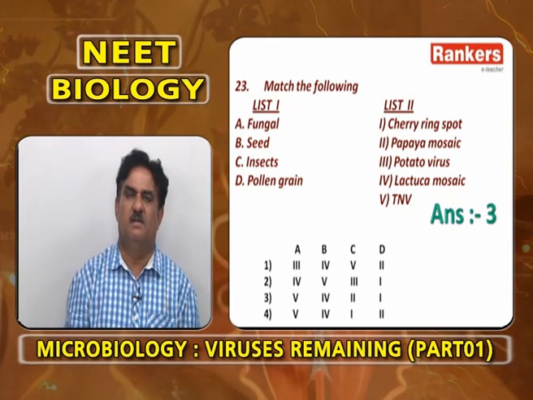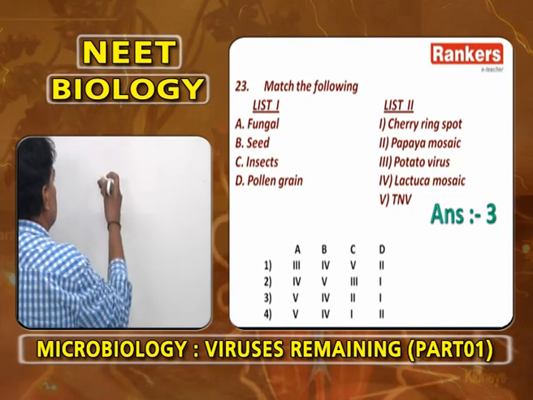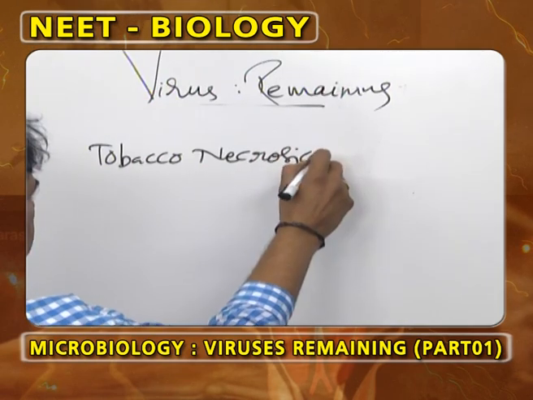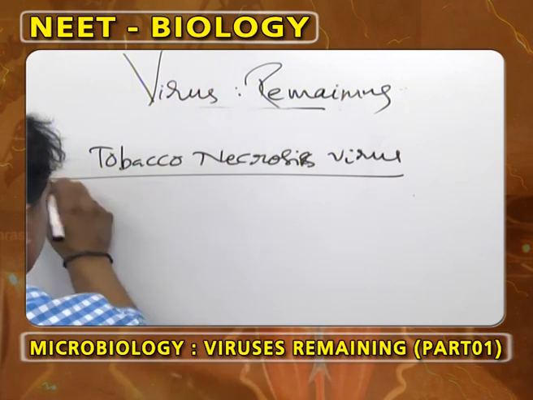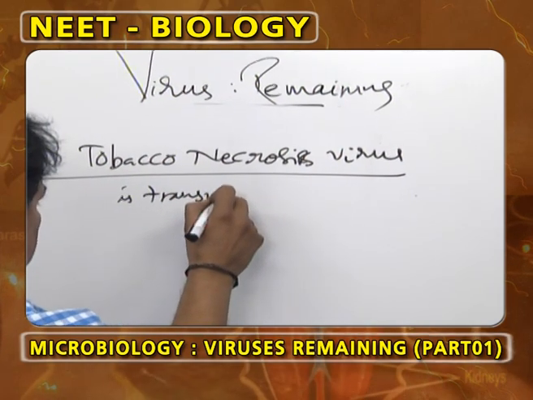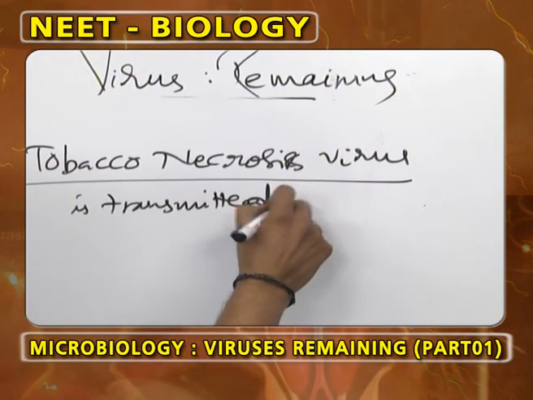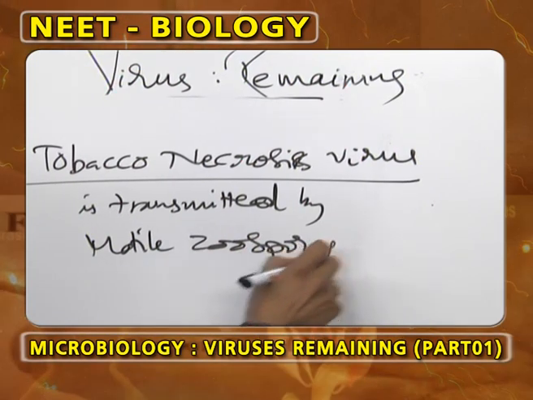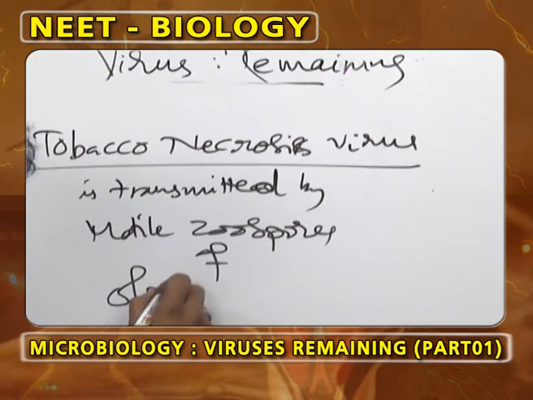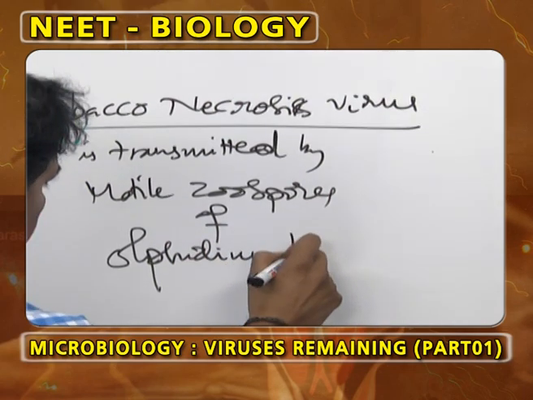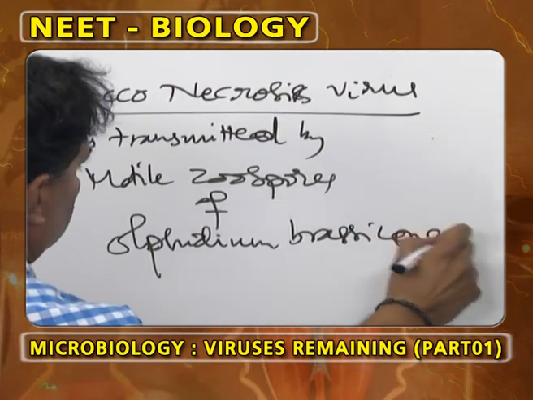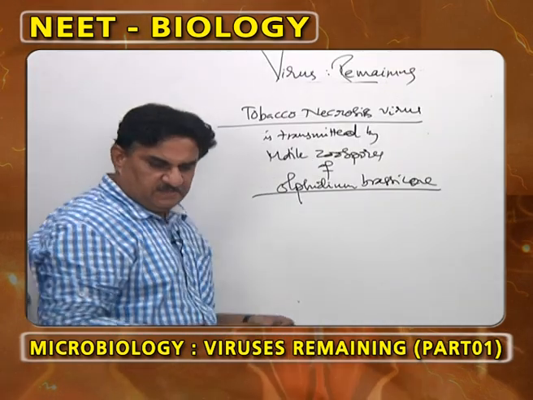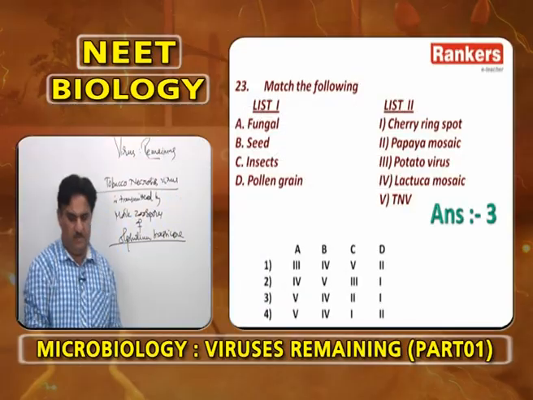A5, fungal: tobacco necrosis virus is transmitted by motile zoospores of a special fungus called Olpidium brassicae. So, fungi is tobacco necrosis virus.